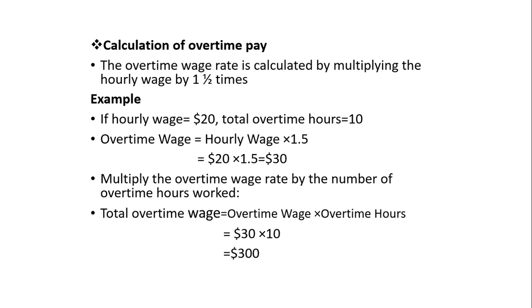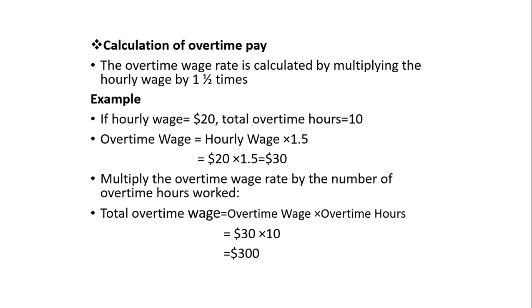So $20 times 1.5, which is $30, gives you your overtime wage, and this is just for an hour. To get the total overtime wage, you multiply the overtime wage you calculated by the total overtime hours.